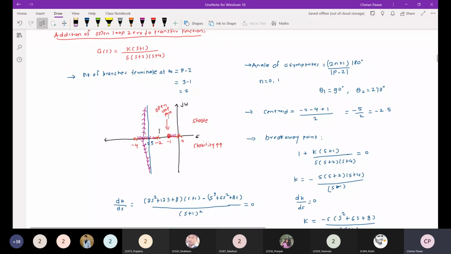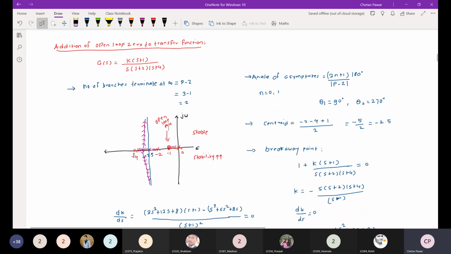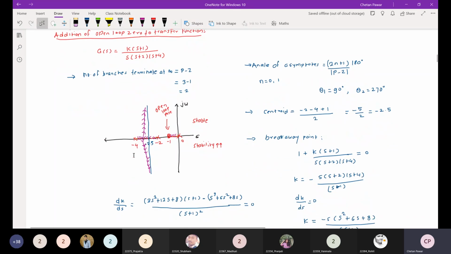You can see that this root locus is shifted towards the right hand side. So we can say that system stability is increased, because previously the system was conditionally stable, but when we add the open loop zero into it, the system becomes totally stable. So stability of the system is increased after adding the open loop zero into the transfer function.